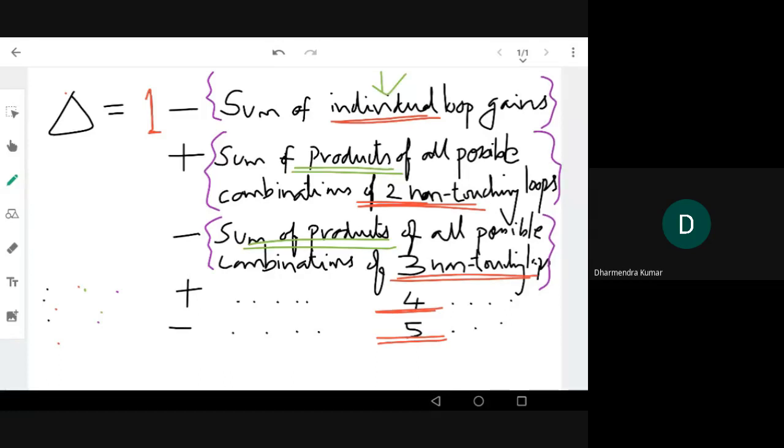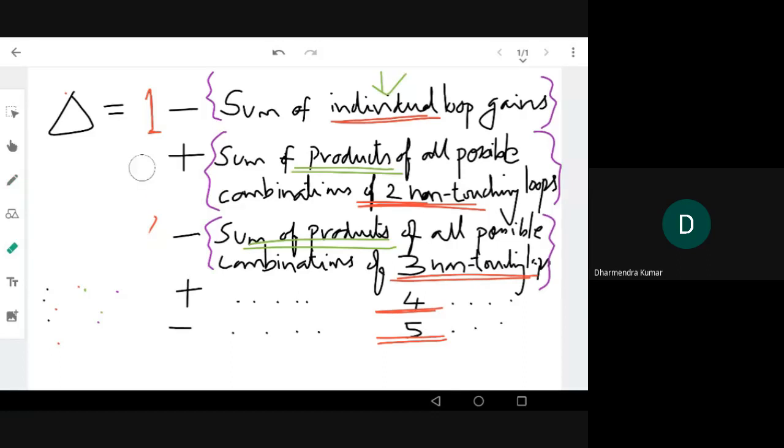These will be limited by your signal flow graph. Usually, signal flow graphs may have maybe two loops or three loops, so we need to do only two or three parts of this equation.